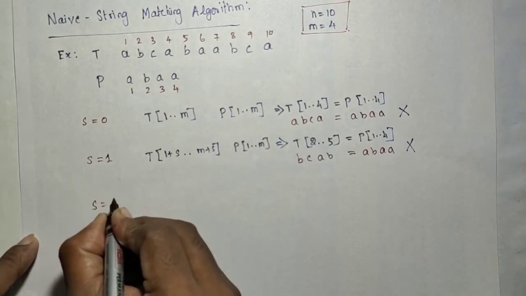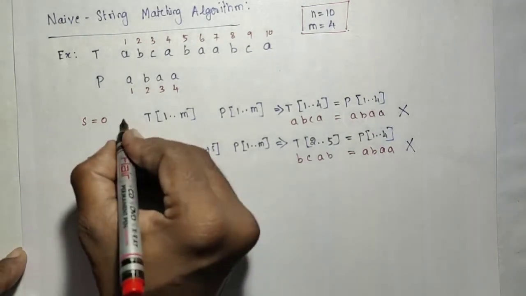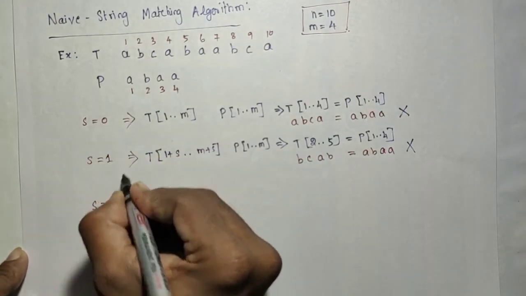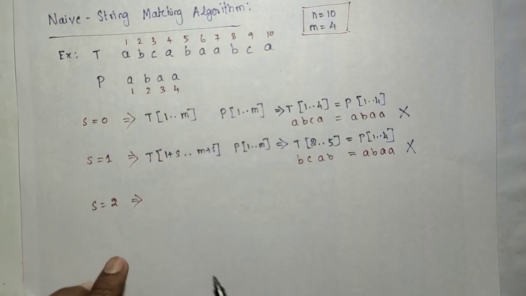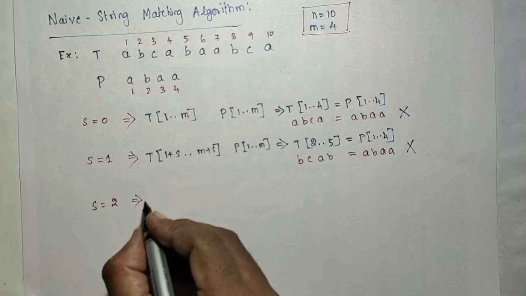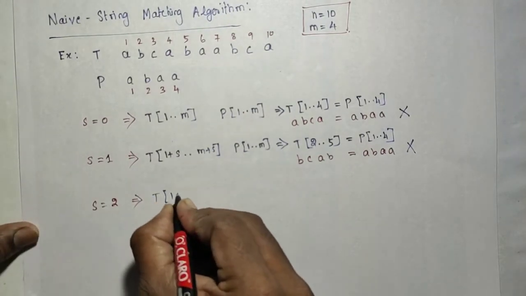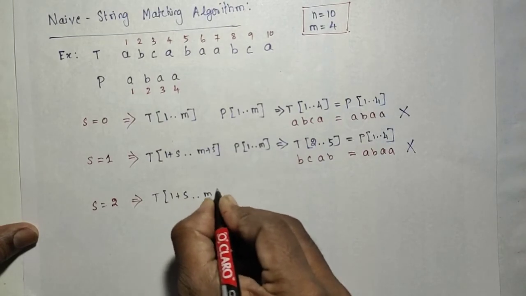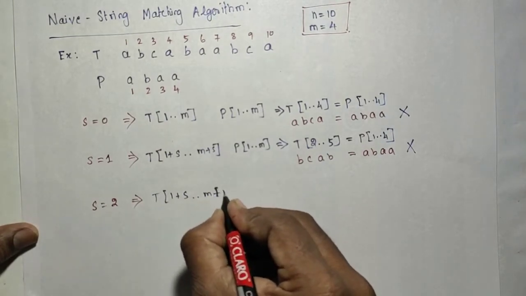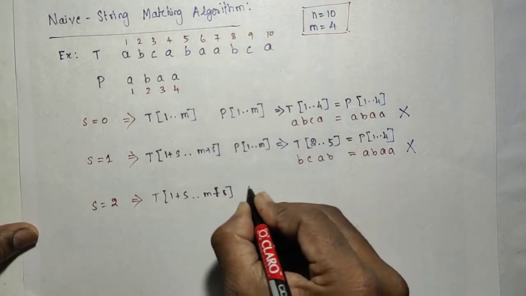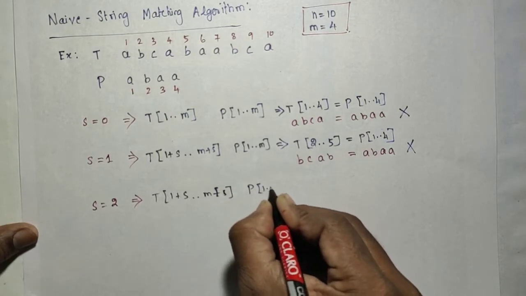S equal to 2. S equal to 2 means I need to compare again t of 1 plus s to m plus s with p of 1 to m.